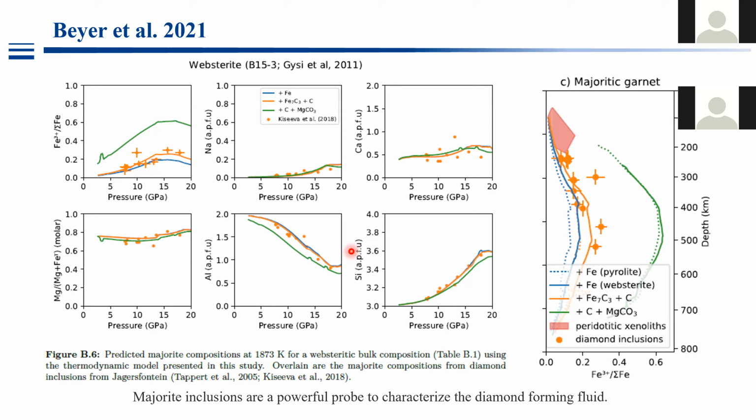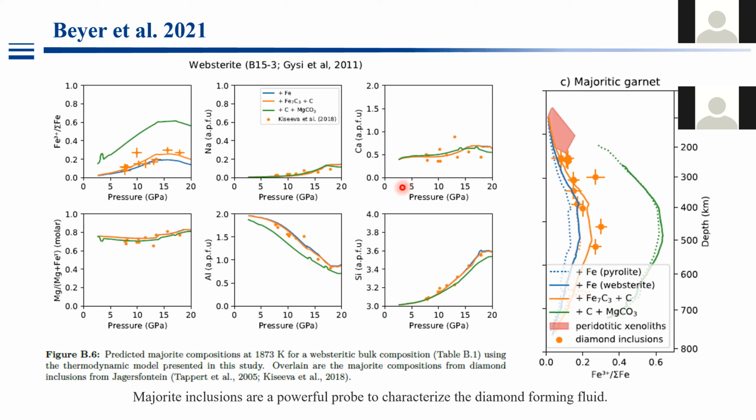This figure also supports the meteorite compositions predicted by their thermodynamic model for a mantle-bearing garnet composition, and they plot the composition of meteorite garnet from the diamond inclusions from this place, Jagersfontein.